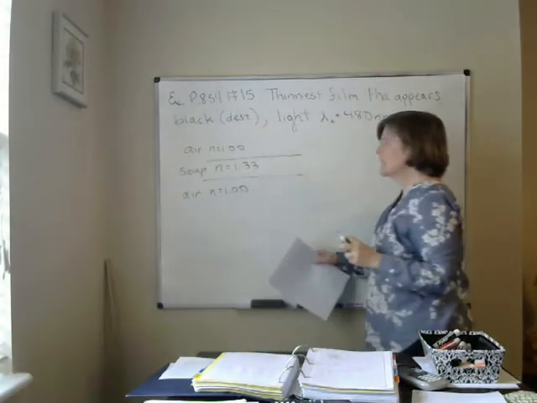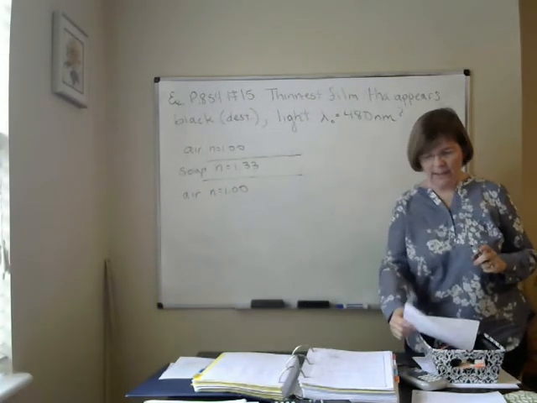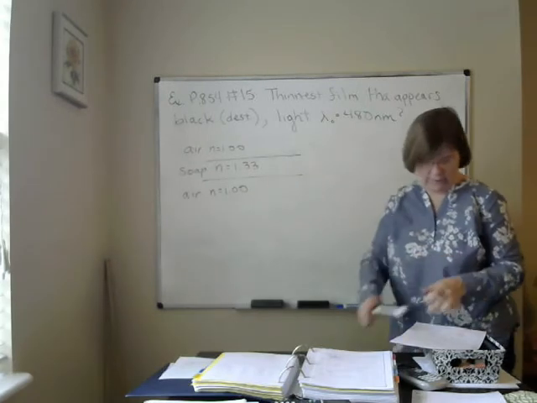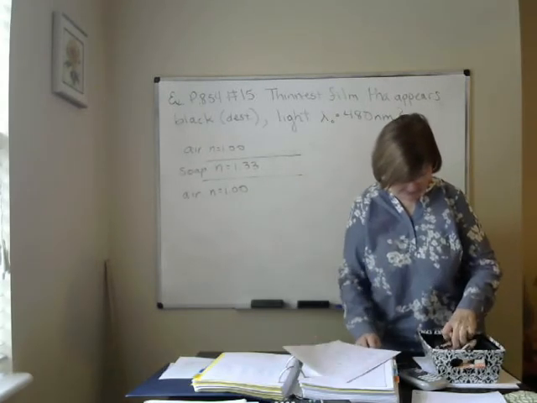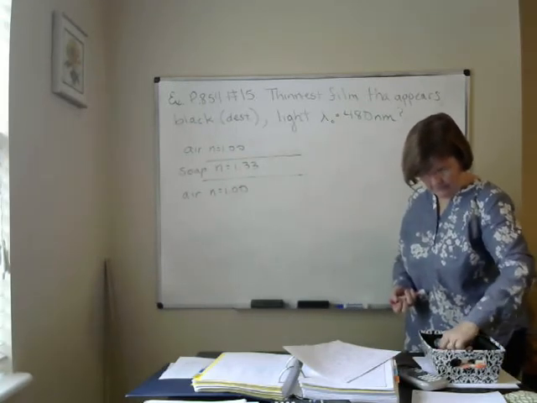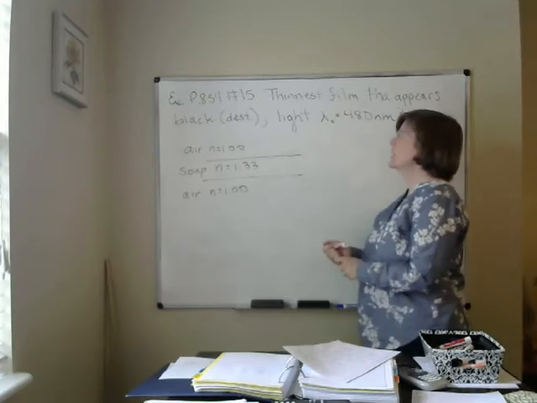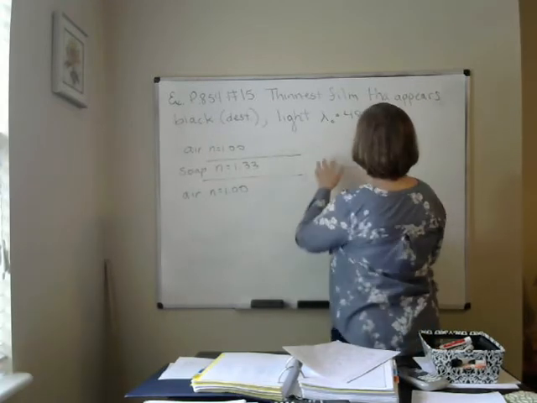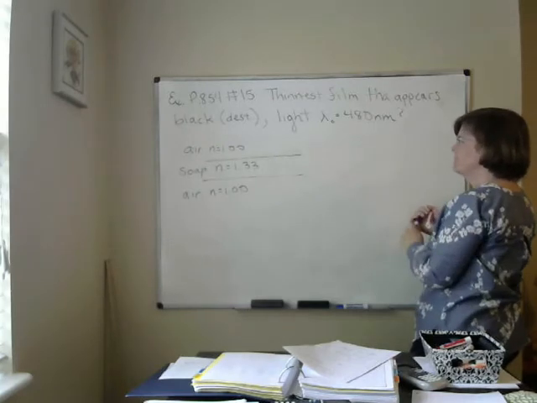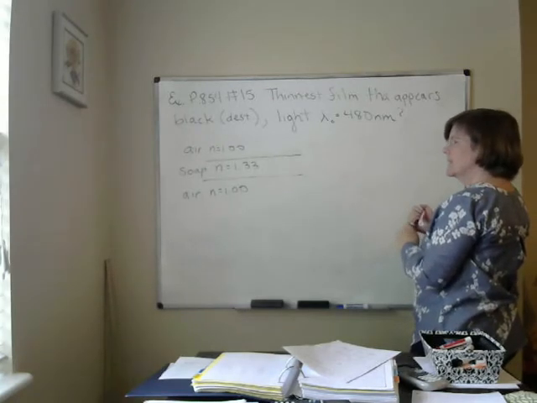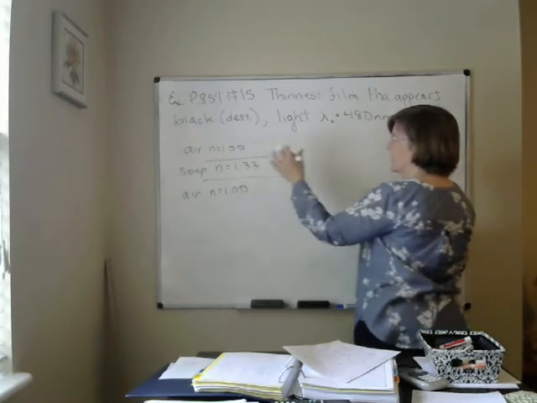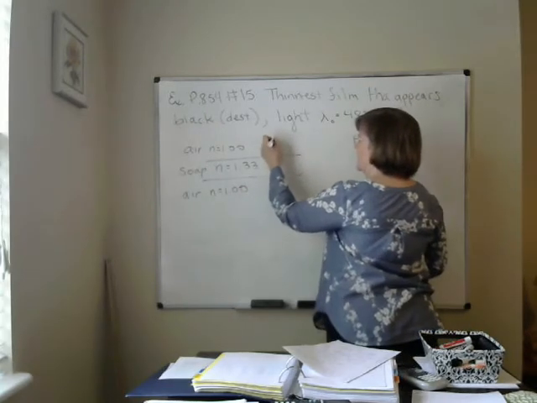We need to think about where we get a phase shift and where we don't get a phase shift. I'll try maybe 2 different colors to help with that a little bit. 480 nanometers is probably up in the blue range or almost to the violet range. So here's air coming in.